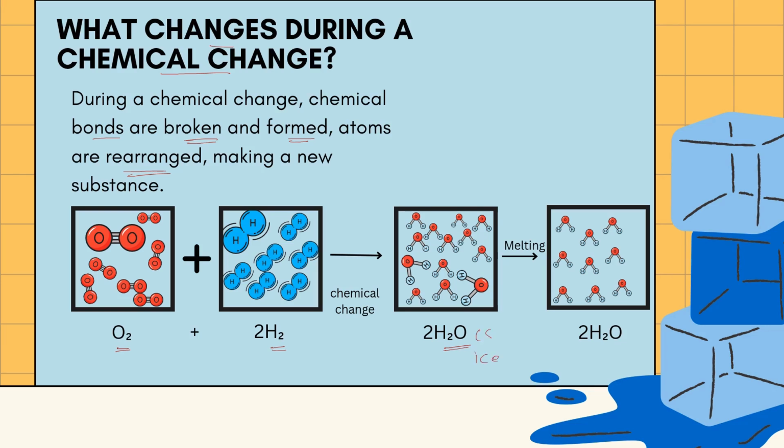This is solid. Okay. When you melt this, you again get water but in the liquid form. So when water has been formed from hydrogen and oxygen, it is a chemical change. But when ice is converted into liquid, that is water, it is a physical change because nothing new has been formed, but just a change of the state has occurred.